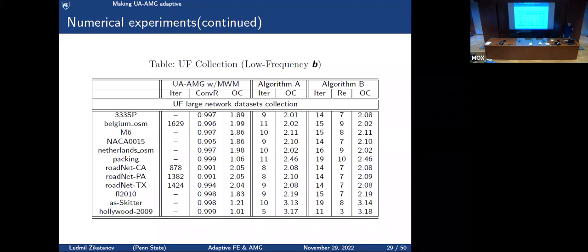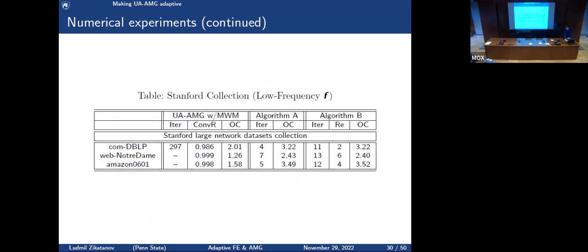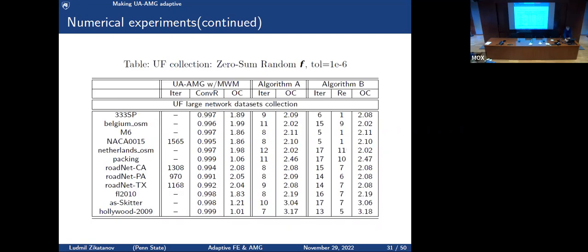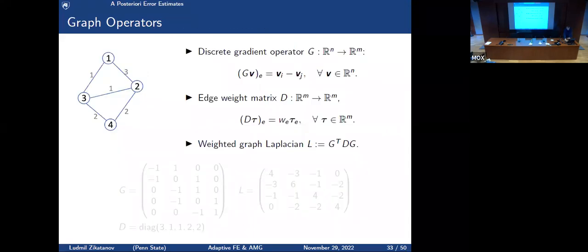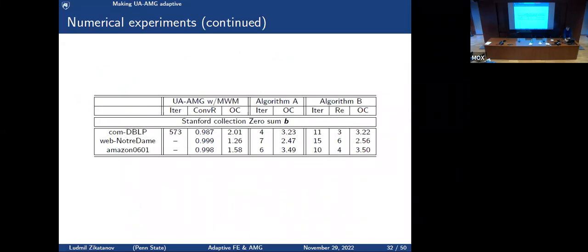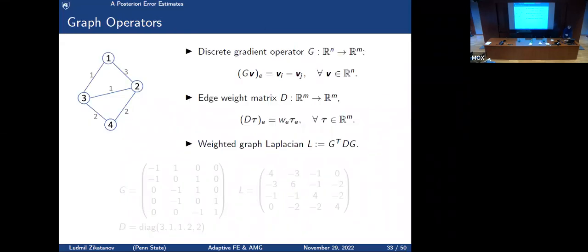If you see a convergence rate of 0.99, this is not multigrid. Okay, that's really bad. So if you run some standard coarsening, not following any matching, any error or whatever, you get 0.99. And same for the other grids. And you can take random F, do the W cycle, and so on. Yeah, okay.